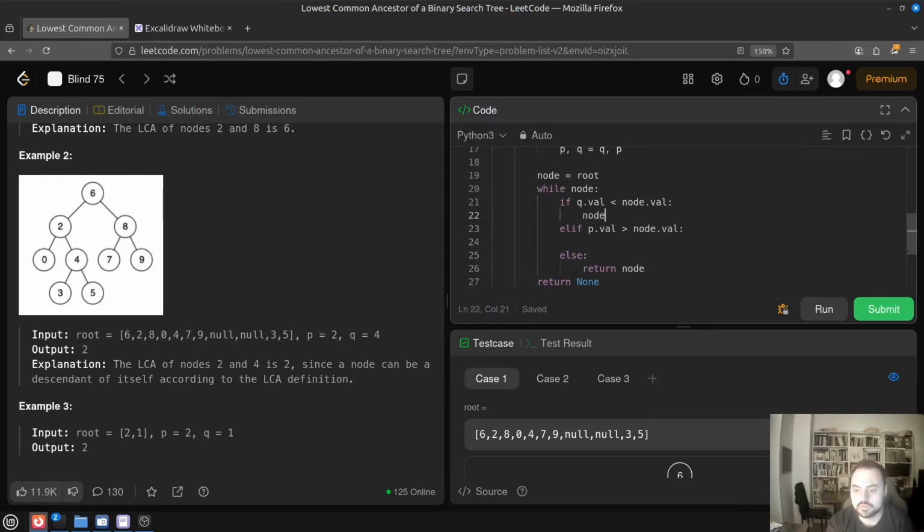So if the bigger one is smaller than the current value, then we have to go to the left. If the smaller one is greater than the current value, then we have to go to the right.